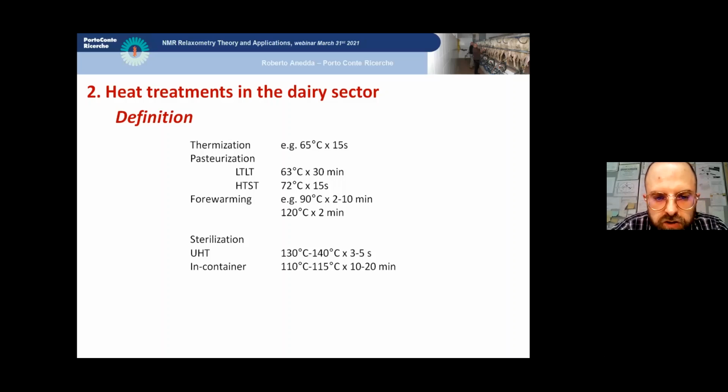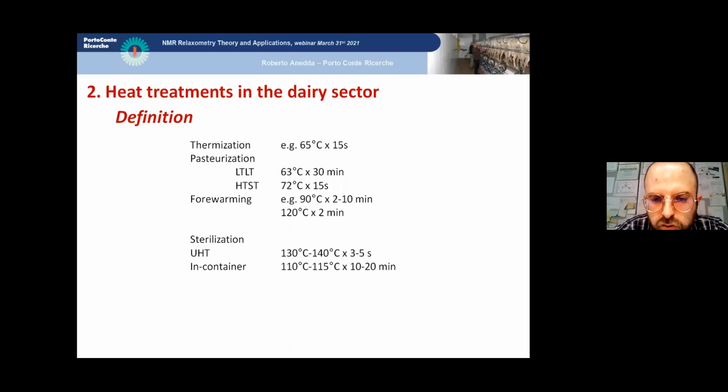Usually a distinction is made between thermal treatments. Mild thermal treatments are referred to as thermization, and usually with this term are identified heat treatments at temperature in the range between 65 to 68 Celsius degrees, and duration in the range from about 15 to 60 seconds, more or less, in the dairy industry.